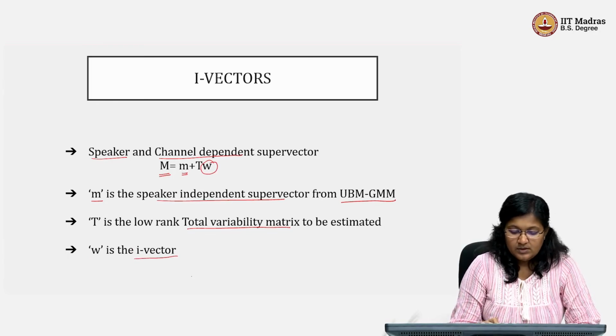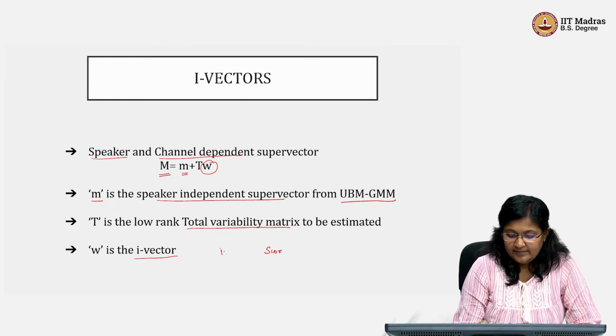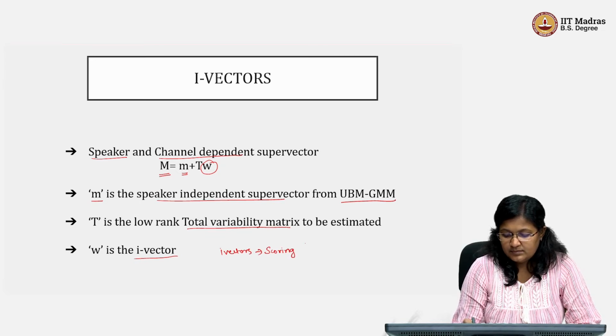So with these vectors, you perform scoring. You get the I-vectors, give them for scoring, and then set some threshold.